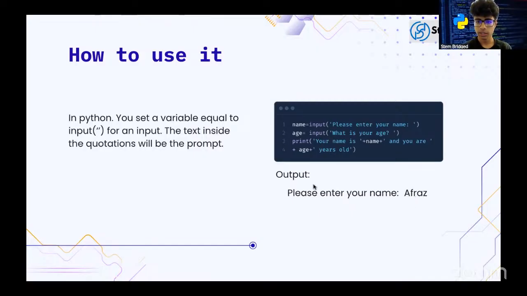So in this case, the output was please enter your name. We enter a phrase, and then what is your age? We enter 16, and you should get out the results. My name is Afran, and I'm 16 years old.